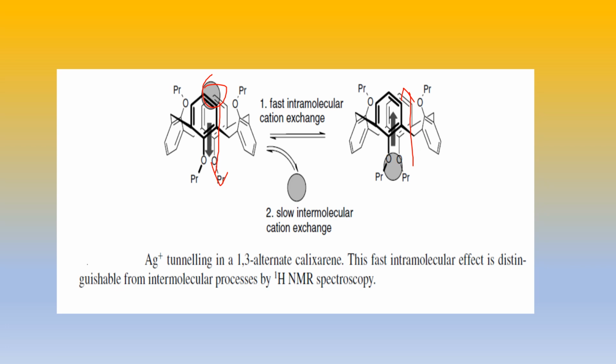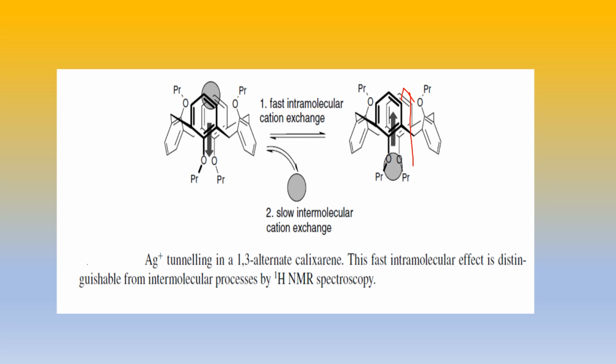At the same time the silver ions which are present here, sometimes it may move away from this one molecule of calixarene and move into another molecule of calixarene. This is known as intermolecular cation exchange. When it is moving within the molecule, it is known as intramolecular cation exchange.